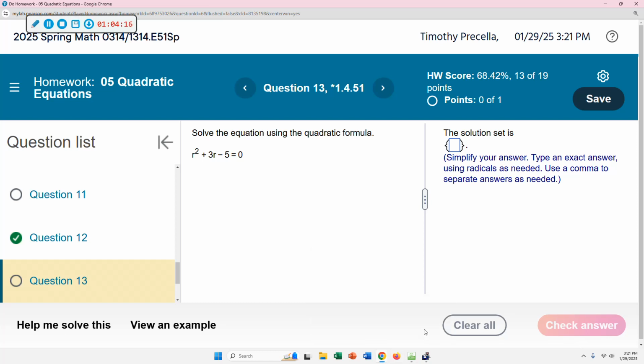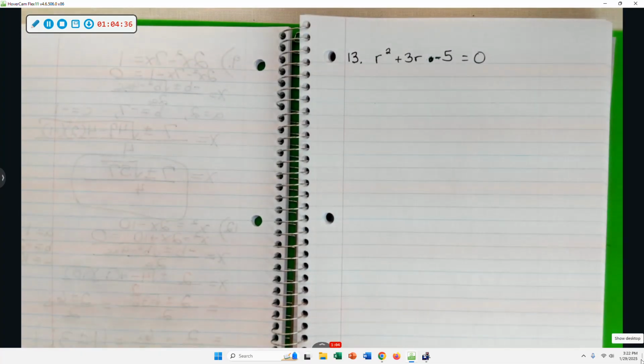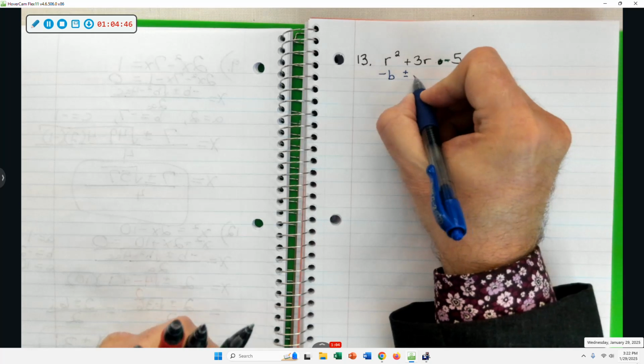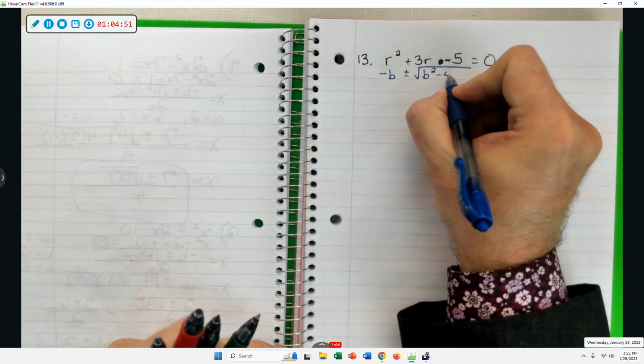No. Okay. r squared plus 3r. Oh my goodness, how to make a good first impression. I've already miscopied it. That should be a minus 5. I wrote a plus 5. Oh, yeah. r squared plus 3r minus 5 equals 0. I'll write down the quadratic formula: negative b plus or minus the square root of... oh, you know what I should have done?